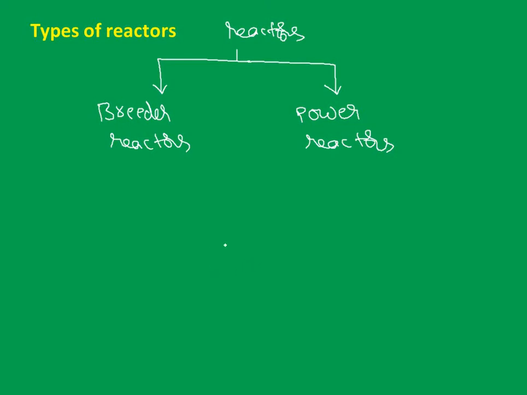So whatever non-fissionable materials we have will be converted into fissionable materials, and fuel will be generated for us, so that further it can be used for any purpose. So breeder reactors breed the fuel. Are we clear with this? Non-fissionable material can be converted into fissionable.